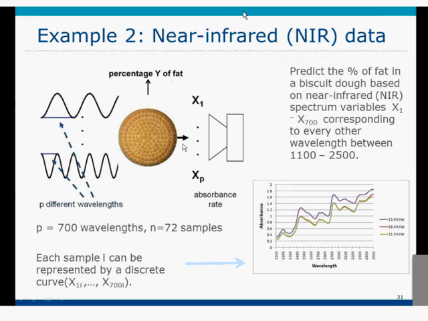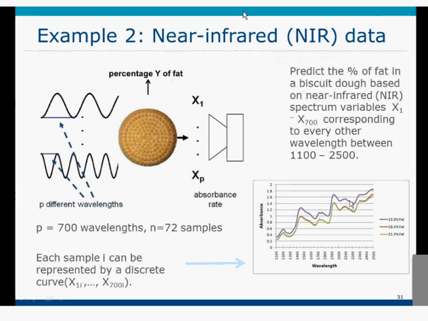For a given biscuit sample, we can look at one of these curves. So for this curve here, this particular biscuit had 15% fat content. That's the dependent variable.